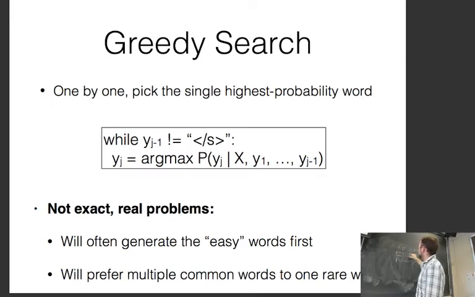The probability of New York itself will be 0.25 times 0.25, so it will be lower than 0.1. But because the first word is 0.25, greedy search will choose this instead. It will pick "New," not Pittsburgh, and then it will generate New York. So the overall probability is lower, but it will make a suboptimal decision. So there are a couple of reasons why greedy search could make mistakes, and we need to think about better search strategies.